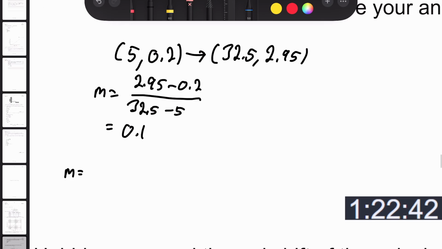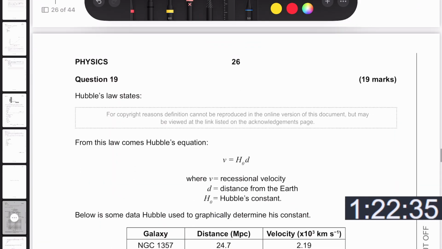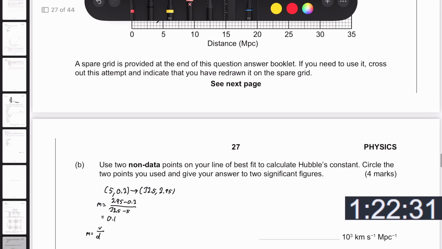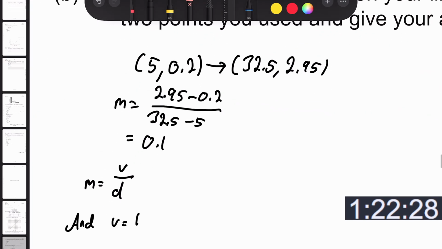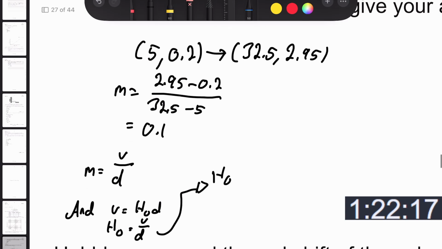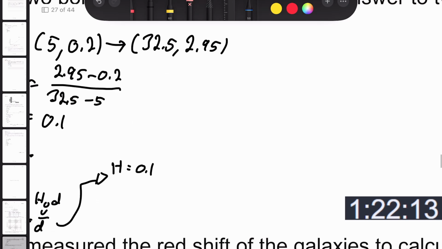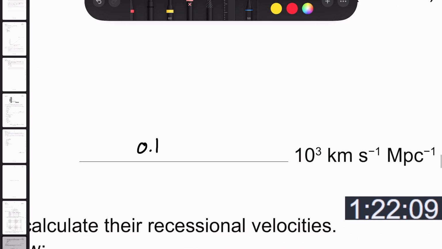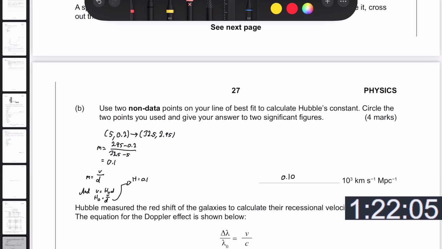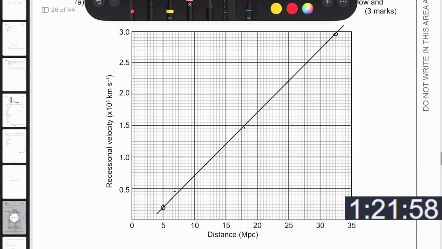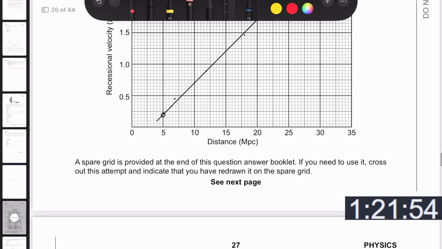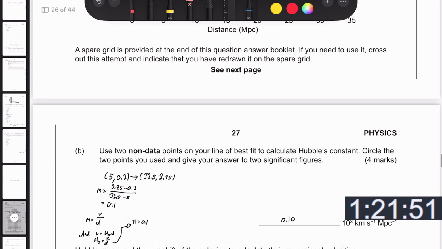So m is equal to velocity over d, then H0, HO, velocity over d, so then H0 is 0.1, so no, 0.10. Calculate Hubble's constant.